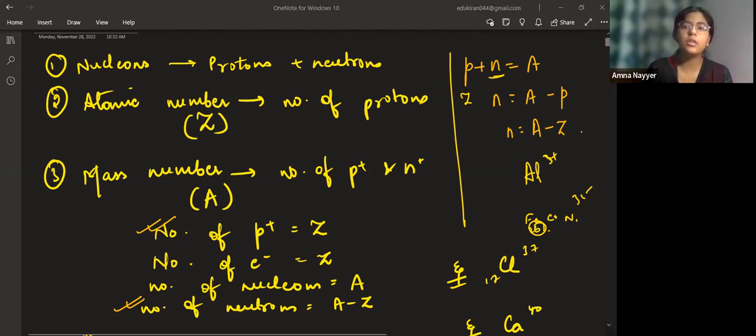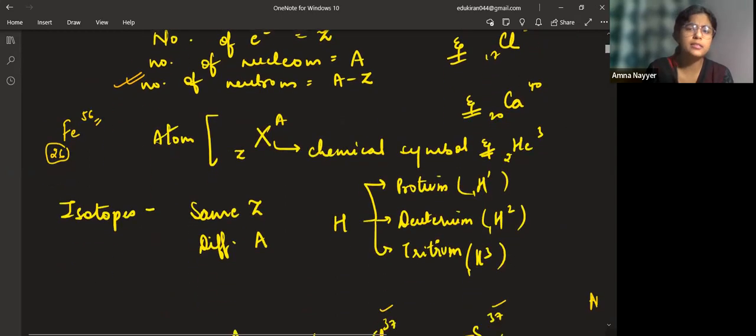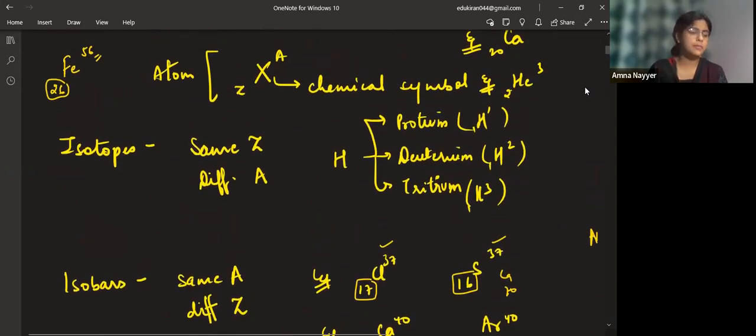Now, see some more terms that will be used in the numericals. First term is isotope. We have studied the proton number and the mass number. The protonic number, Z, is the number of protons that are present, and the mass number is represented by A. So if the protonic number remains the same, but the mass number is different for two elements, they are isotopes.